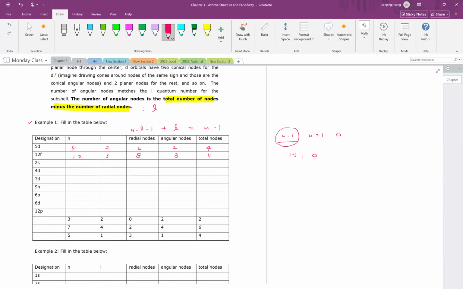Total node, that's a good thinking. That's a very good thinking. We're not in negative. Now go to next one, 2s. n is 2, l is 0. And that one should be 1. This one should be 0. And the nodes should be 1.